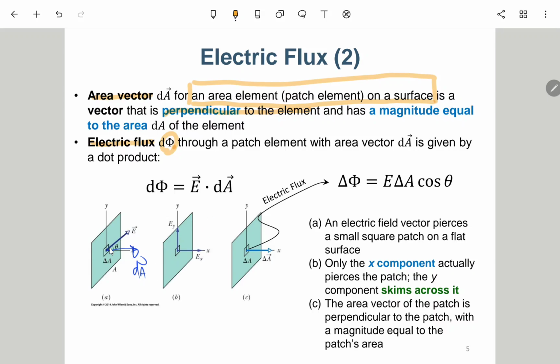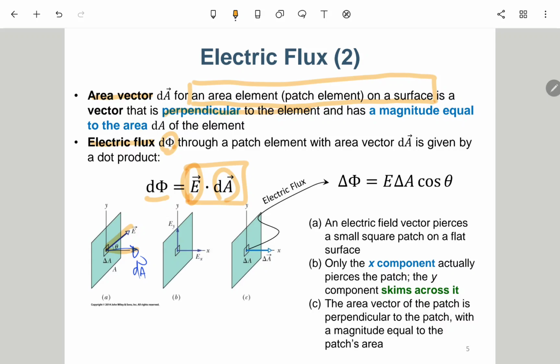In such a way, dΦ is the dot product, or inner product, depending on how you call it. So this is just the dot product E dot dA. We have an E, we have a dA, so we can take the dot product, and it turns out to be a scalar.